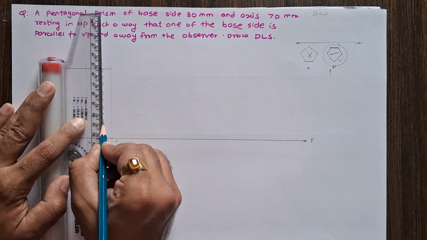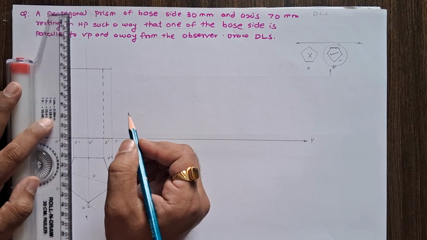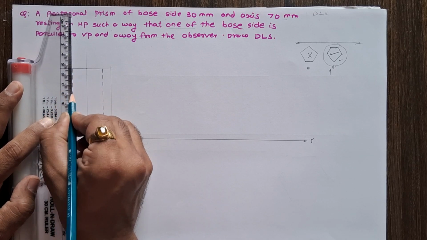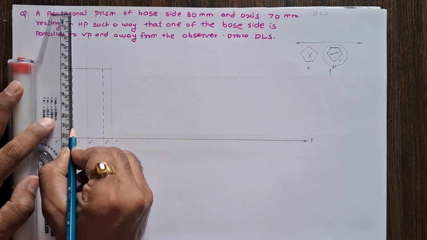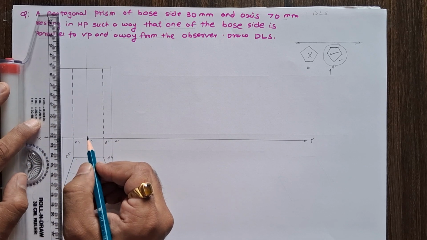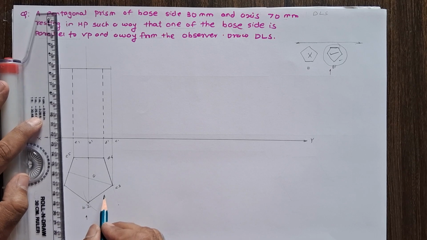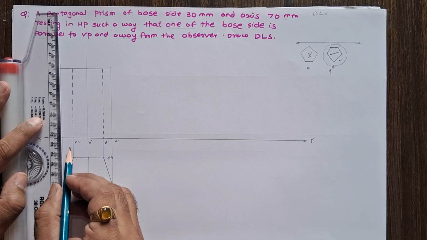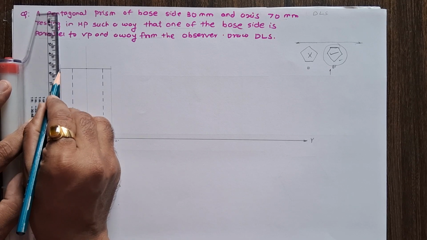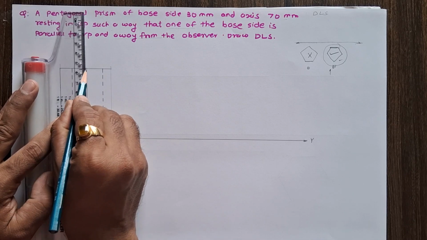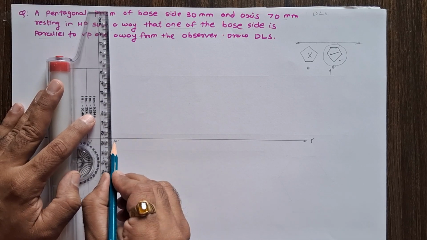These edges are on the backside of the front. So by using hidden line, show these edges. But A1, B2 and C3, these three edges are visible from the front side. So dark these edges because these are visible from the front side.